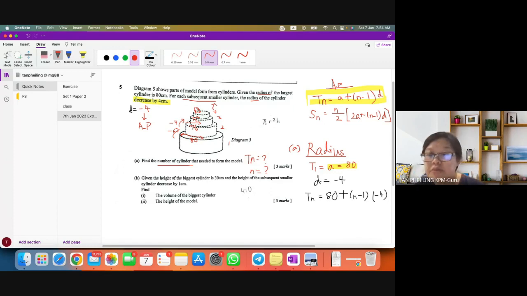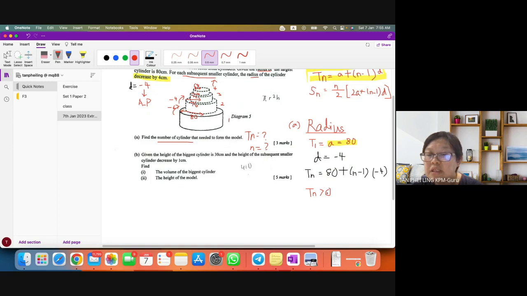So the term, no matter how many cylinders you have, must still be more than 0. Because this is talking about your radius, and your radius must be bigger than 0. So this is another clue, which means our Tn has to be more than 0.